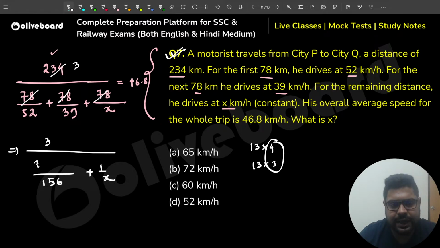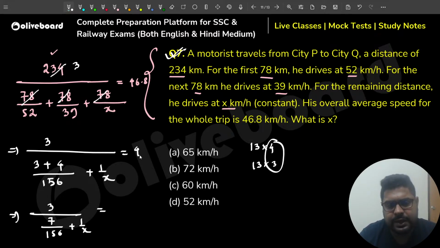This will be multiplied by 3, and this by 4. So 7 out of 156 plus 1 by x is equal to 46.8. Is this divisible? Yes, sir, it is divisible. 3 15s are 45, and 3 6s are this. So this is 15.6, and this is 1. I've cancelled.